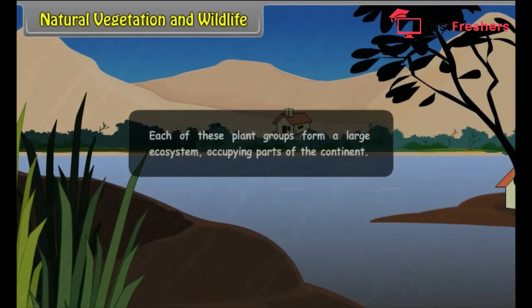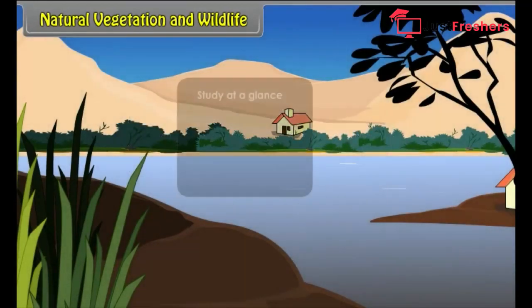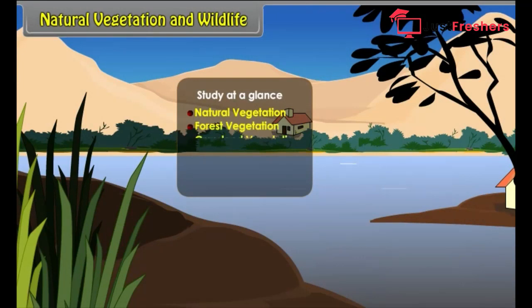Each of these plant groups forms a large ecosystem, occupying parts of the continent. Study at a glance: natural vegetation, forest vegetation, grassland vegetation, desert vegetation, tundra vegetation.